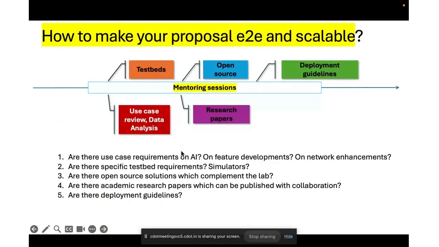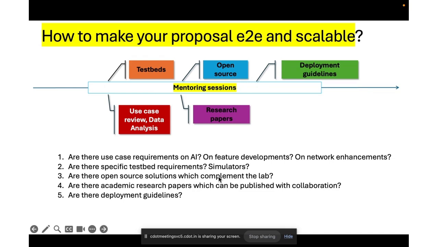So these testbed specific requirements make your proposal a bit more mature than just having AI only specific modeling techniques, and that is unidirectional. But when you have a complete set, including testing validation requirements, that makes it a complete proposal.